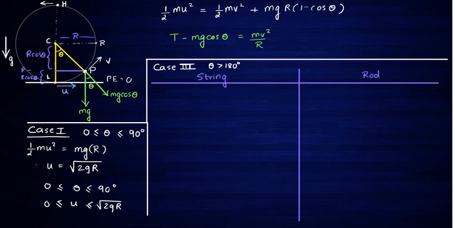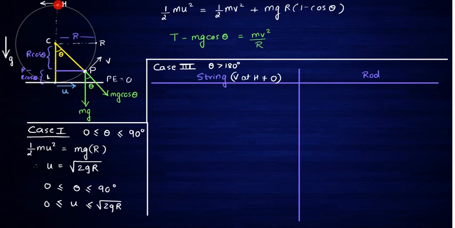If we have used a string, then the velocity cannot be 0 at the highest point. V at H is not equal to 0. This is what happens, because if the velocity were 0 at the highest point, then the particle would directly fall down under gravity.